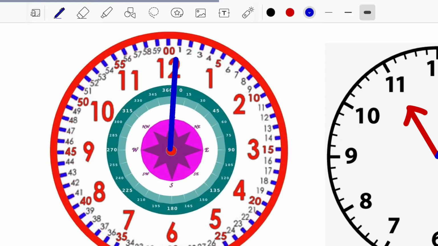So we can see 11:01, 2, 3, 4, 5, and the numbers increase as we go around. 11:20, 11:30, 11:45, 11:55, 12. So every time the minute hand makes one complete circle, the time changes, it gets 1 hour later.